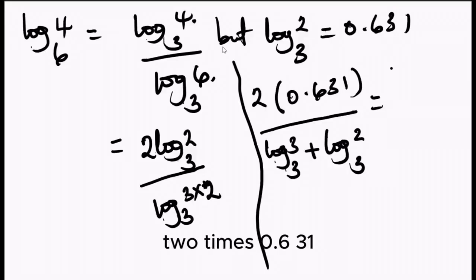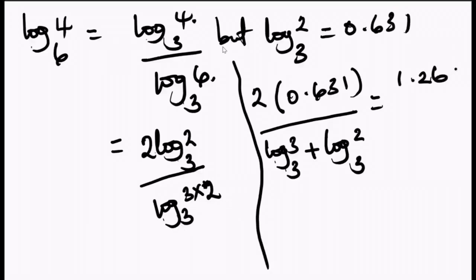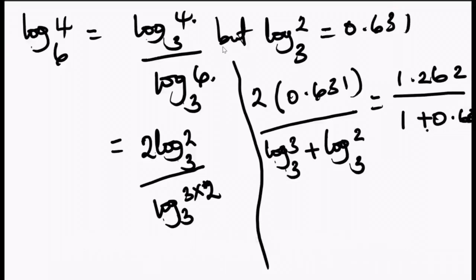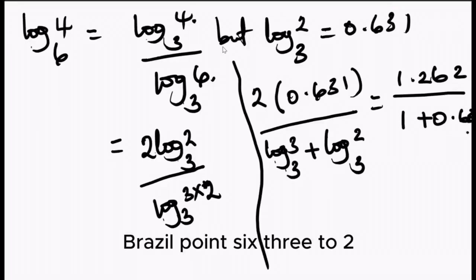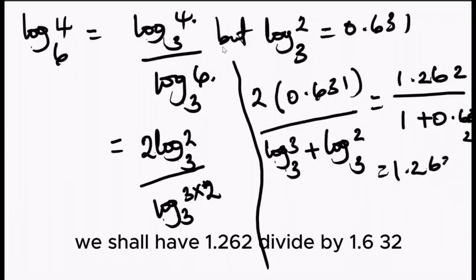2 times 0.631 gives us up here 1.262, divided by log base 3 of 3, which is 1, plus 0.631, we shall have 1.262 divided by 1.631.